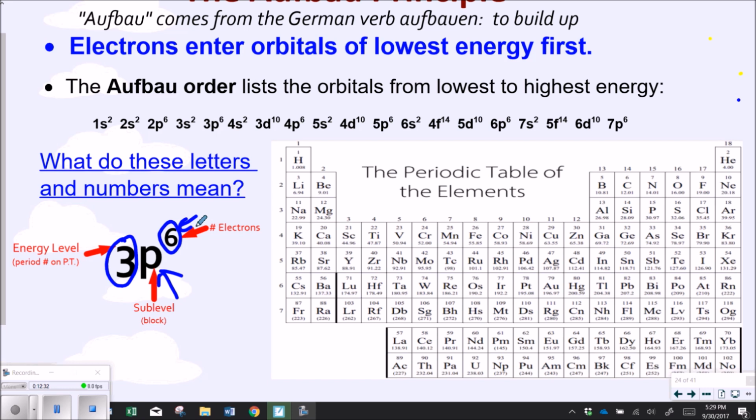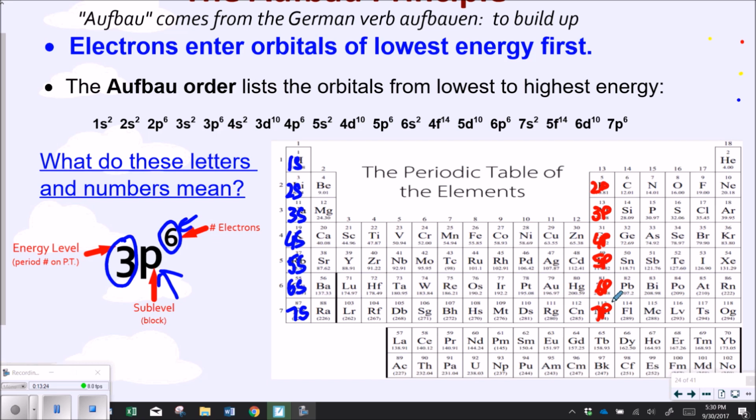So if we start with hydrogen at 1, we have here 1s and 2s, 3s, 4s, 5s, 6s, and 7s. And for the P block, we have 2p, 3p, 4p, 5p, 6p, and 7p.